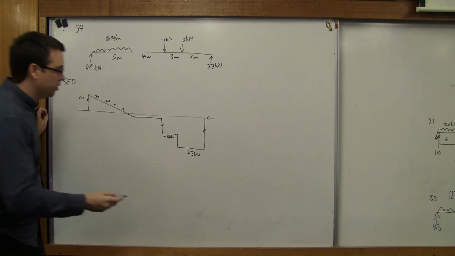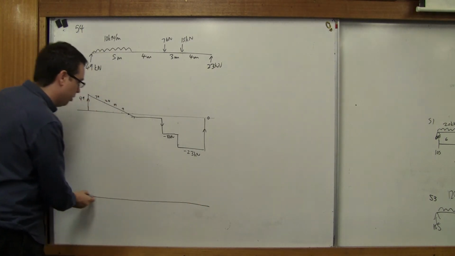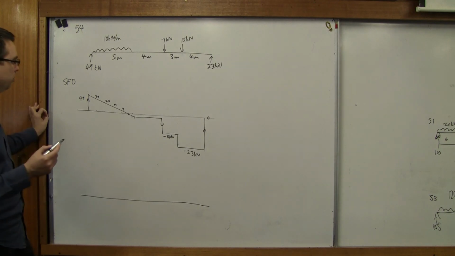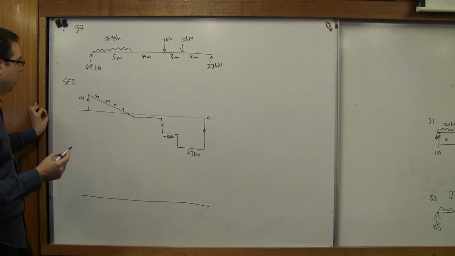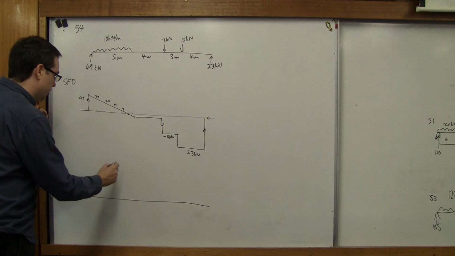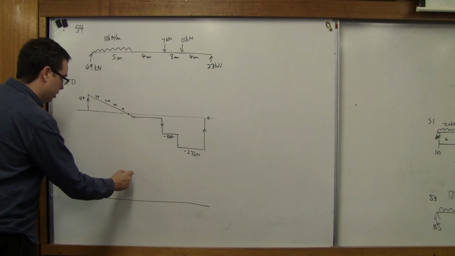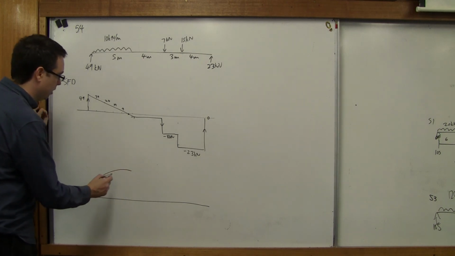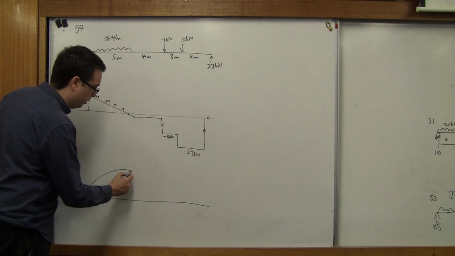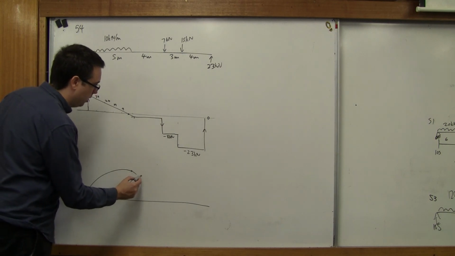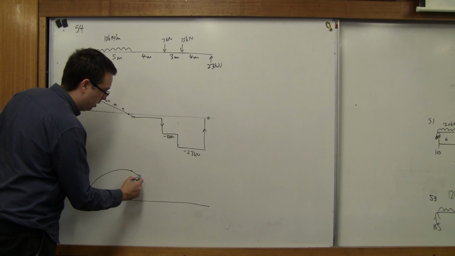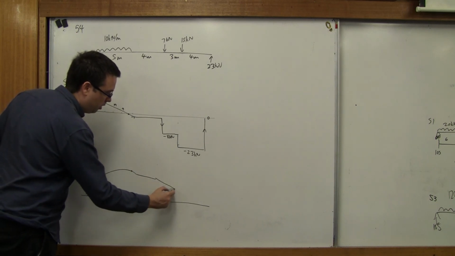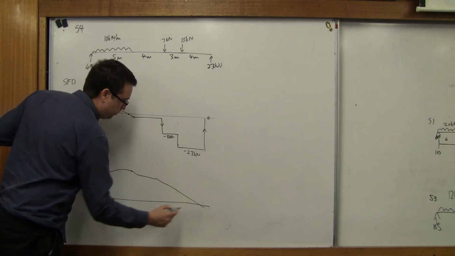This is why they haven't asked us to draw a bending moment diagram. Maybe they didn't ask us to draw a bending moment diagram in the first one either. I don't remember. Just a shear force. Yeah, that makes sense. Okay, so we've got a bending moment that's going to hit its maximum about there. It's then going to go down a little bit, then down a lot, and then down a real lot.